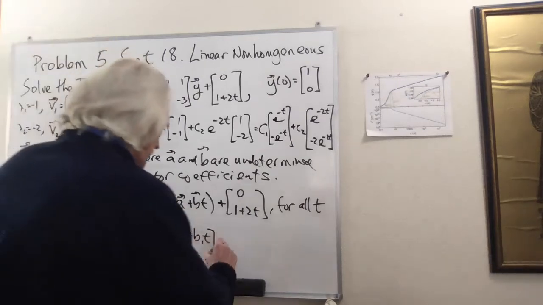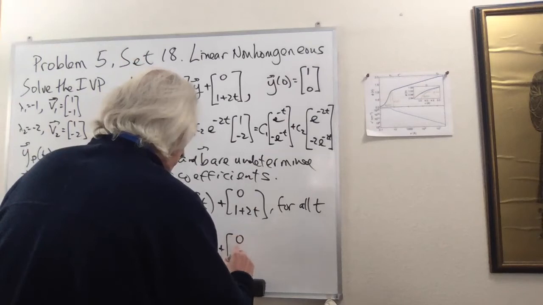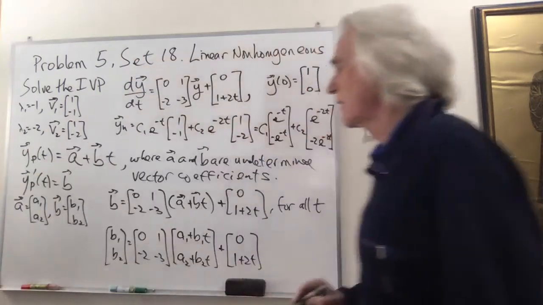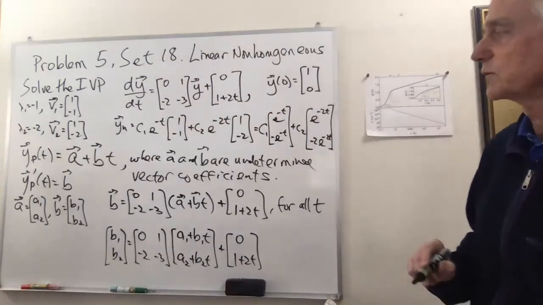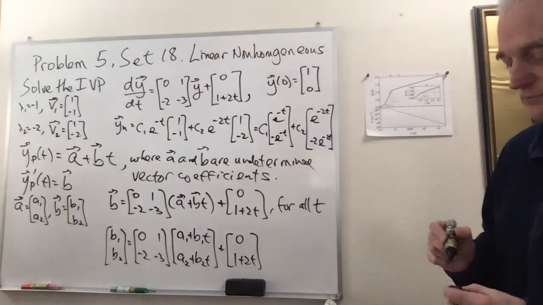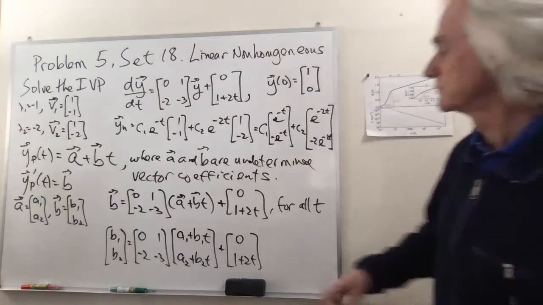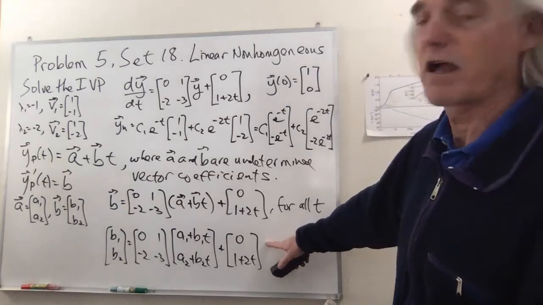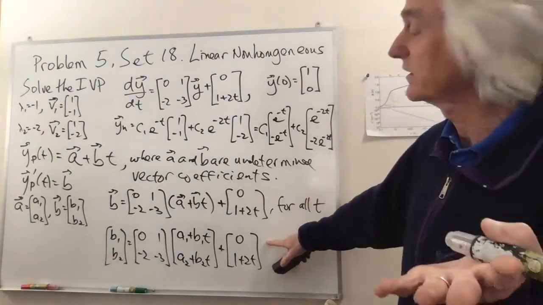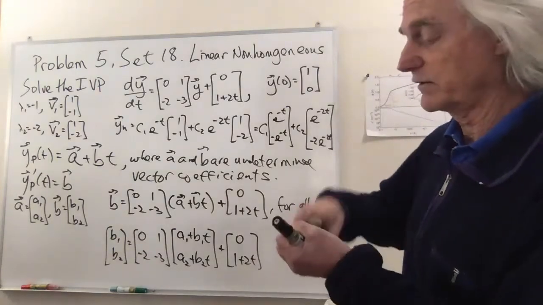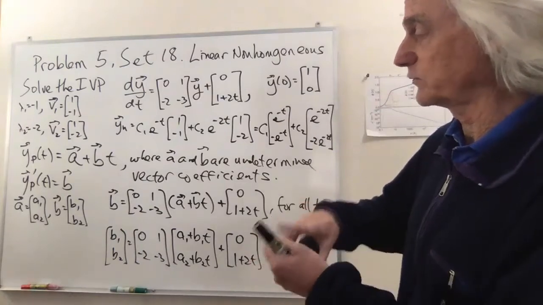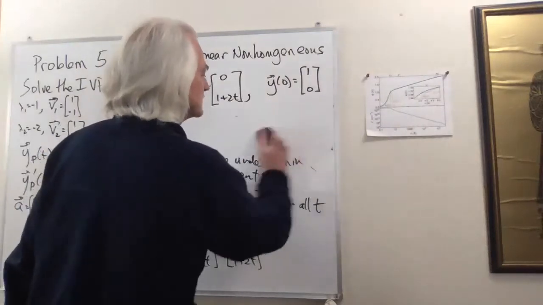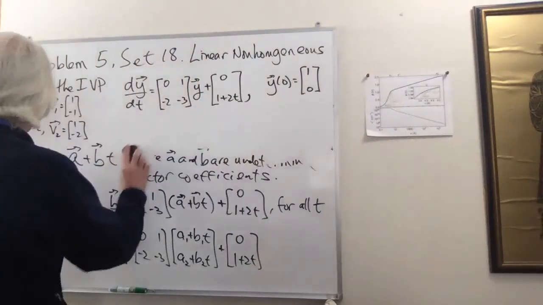And then that plus (0, 1 plus 2t). All right, so I think we're ready to figure out what these four coefficients, A1, B1, A2, B2 are. I'm going to erase this. As I said, we can remember that.